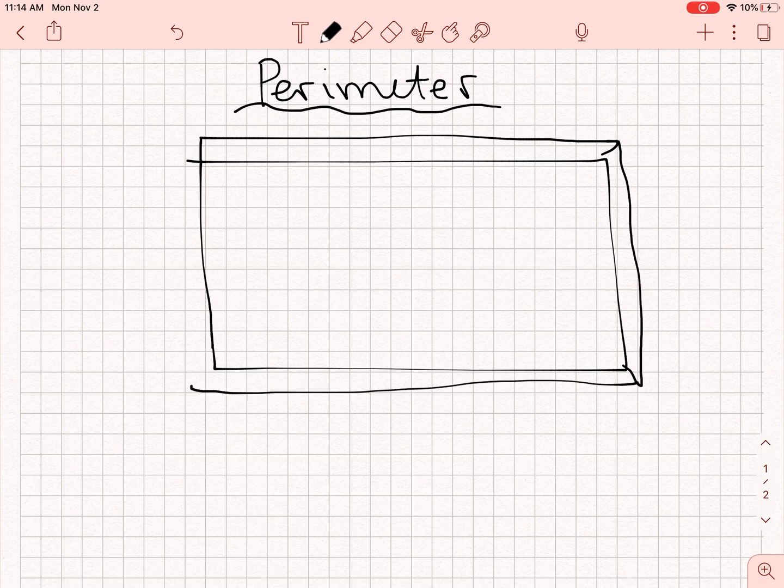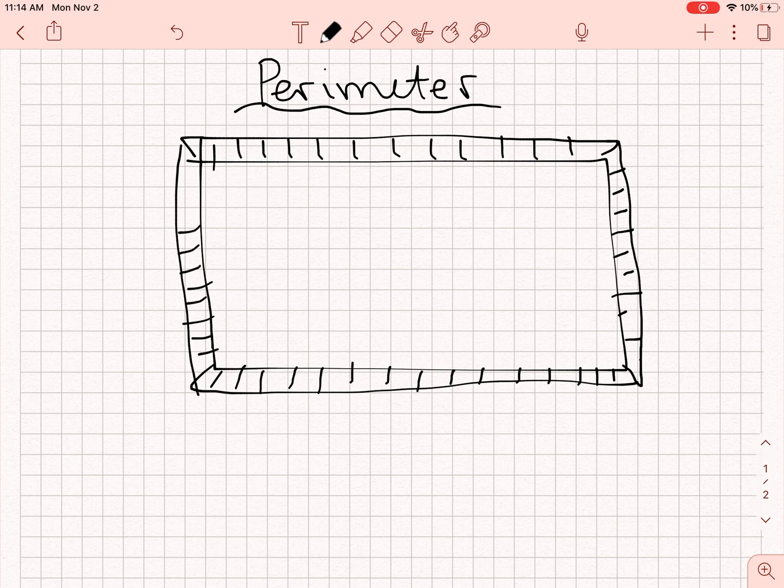Now imagine we're looking from up in the sky, looking down at our school, and we're going to build a little fence all the way around our yard like this. Maybe we're tired of those dodgeballs falling out of our schoolyard all the time, so we're going to build a fence all the way around it, just like that.